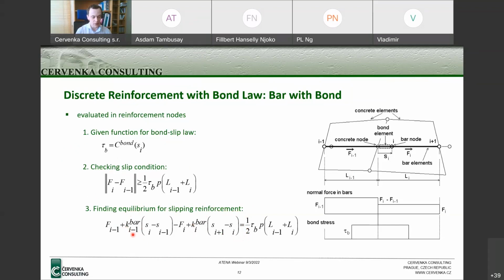K here means the actual stiffness of the bar, and here this is the slip. So the slip is at this moment the unknown for us, and once we find the equilibrium, we know how big the slip is.